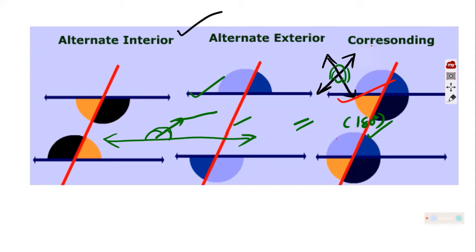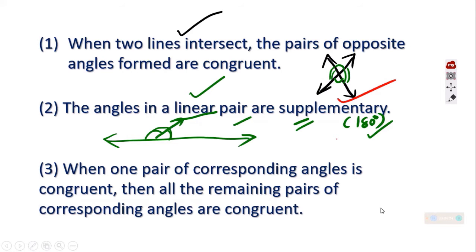Here you have seen the corresponding angles. These are corresponding angles. If one pair of those corresponding angles is congruent, then the remaining corresponding angles are also congruent. These are things which we learned earlier, just to recollect that.